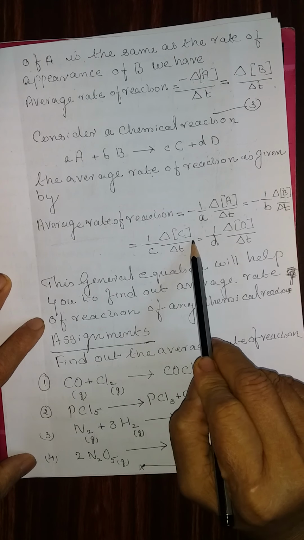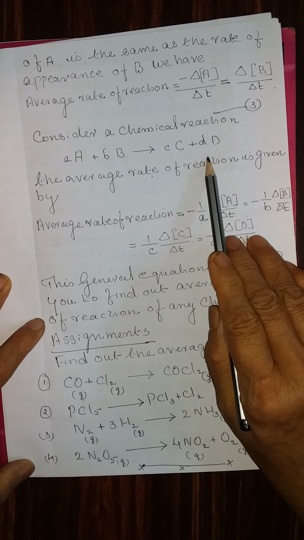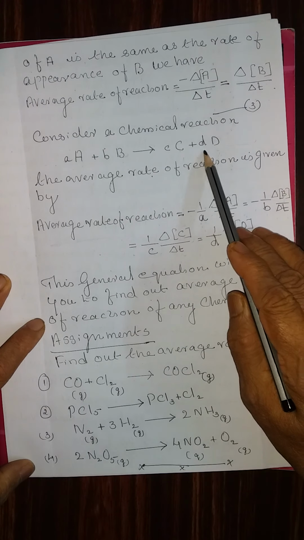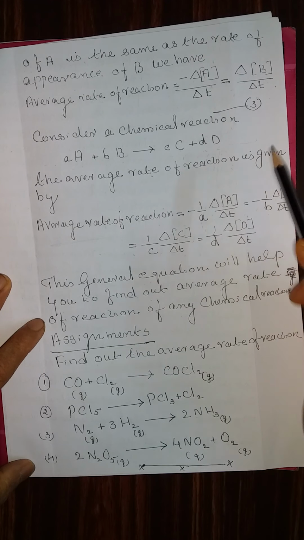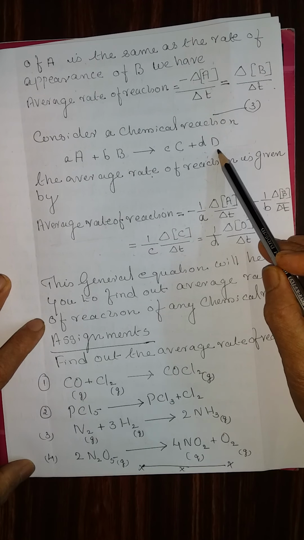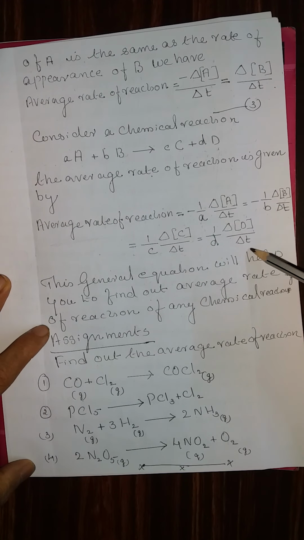Delta concentration of C divided by delta T is equal to 1 by d, that is the stoichiometric factor of D. No need of any minus sign because this is a product and its concentration increases, is equal to 1 by d delta concentration of D by delta T.